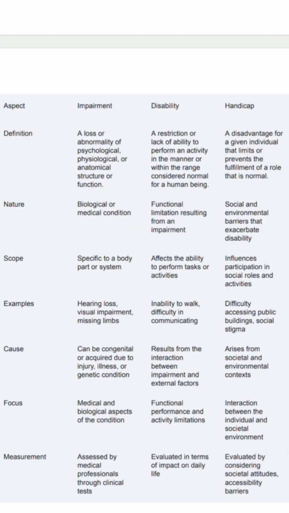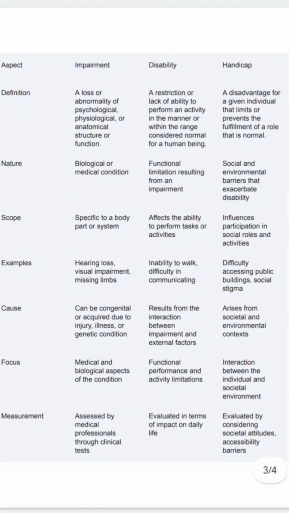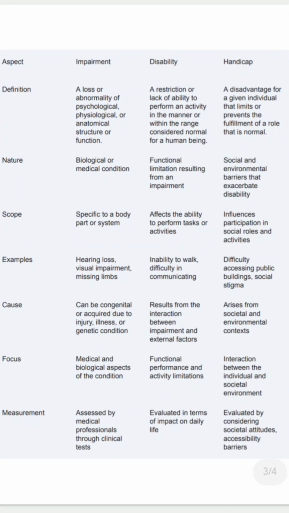Disability is a restriction or lack of ability to perform an activity in the manner or within the range considered normal for a human being. Handicap is a disadvantage for a given individual that limits or prevents the fulfillment of a role that is normal.